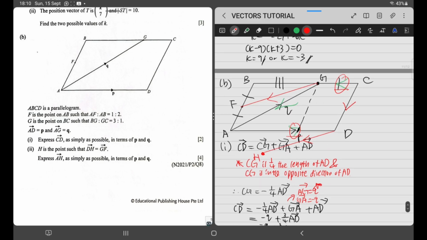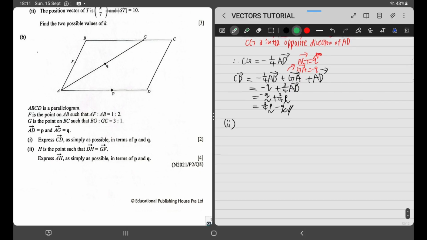So they want us to express AH. So now they want us to find what is AH. What is AH? So if you want to walk from A to H, you can walk from A to D and then D to H, right? So I'm just going to write here.